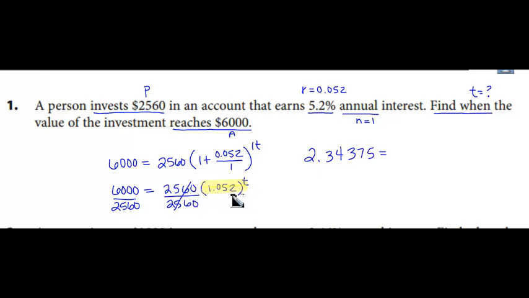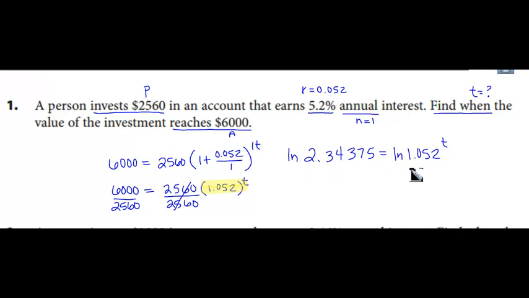I no longer need the parentheses since there isn't a number on the outside, so I'm just going to write 1.052 raised to the t power. If I could get these base numbers to be the same, then the exponents would be equal to each other. But there isn't a way to re-express these as a number to a power, so I'm going to use logarithms. Whatever you do to one side, do exactly the same thing to the other.